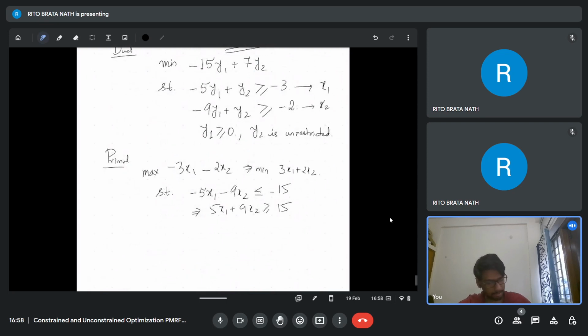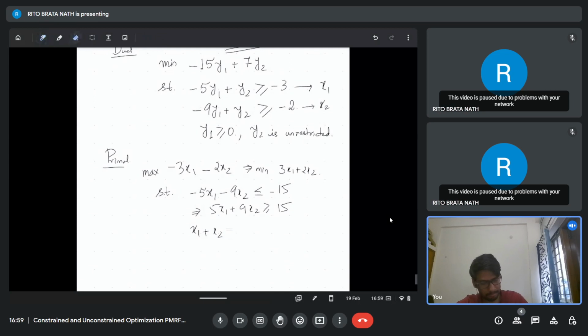And for the other, this is x2, right? But y2 is unrestricted in sign in the previous one. So the corresponding constraint has to be of equality type. So it's x1 plus x2 greater than or equal to 7, not greater than.